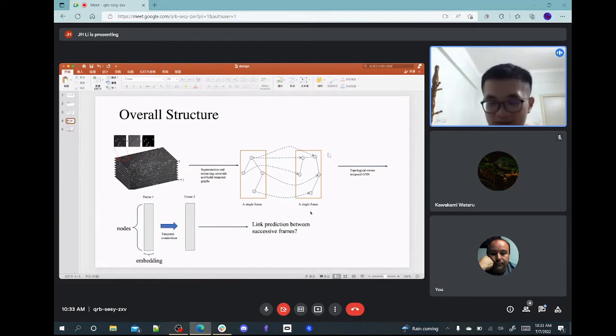For example, if in this frame these two nodes are very close to the node in this frame, we check the Euclidean distance between these three nodes. If they are very close, they connect edges between these nodes. Yes, it's like what a KNN graph, a K nearest neighbors graph, would do.